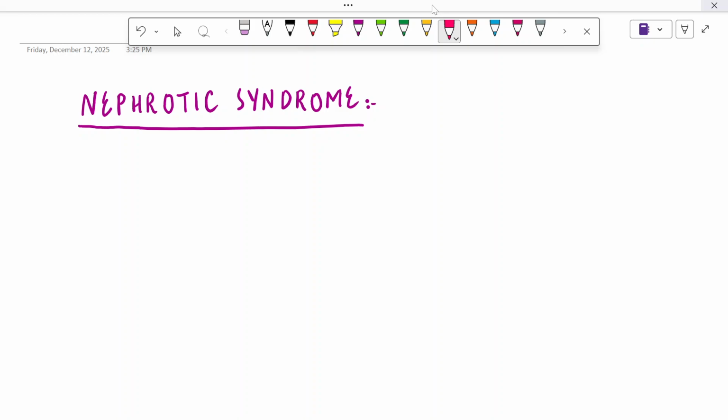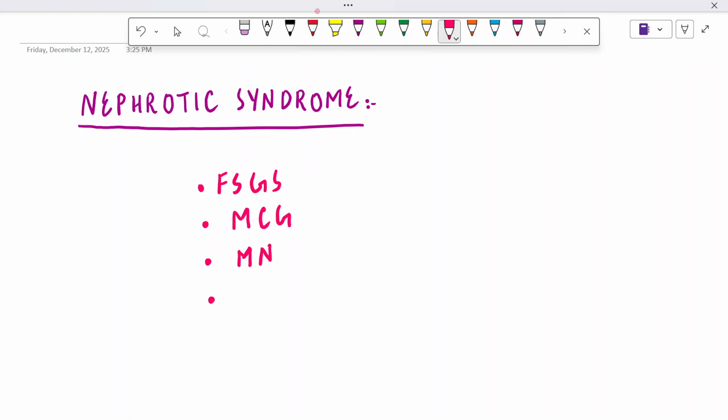The terminologies included in nephrotic syndrome that we study, first of all, are focal segmental glomerulosclerosis. I'm just briefing the overview of nephrotic syndrome: FSGS. Then we study minimal change disease. Then comes membranous nephropathy or membranous glomerulopathy, if you want to say it like that.